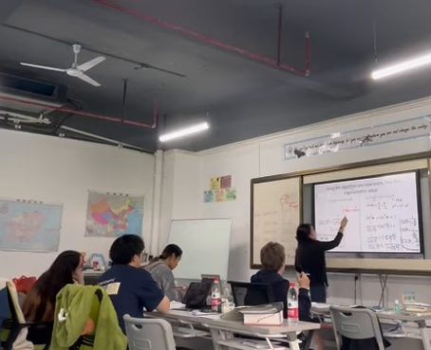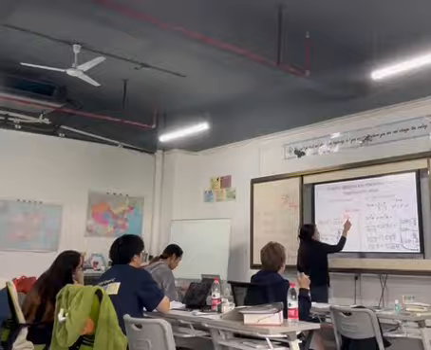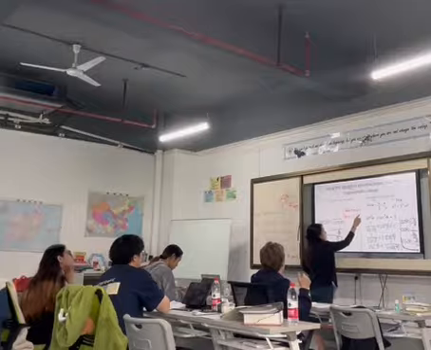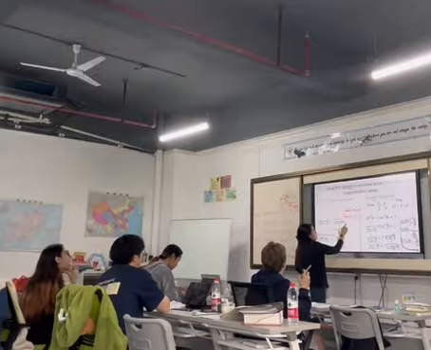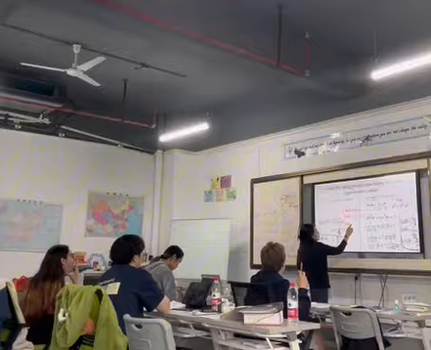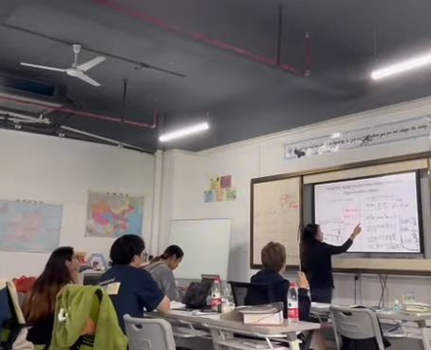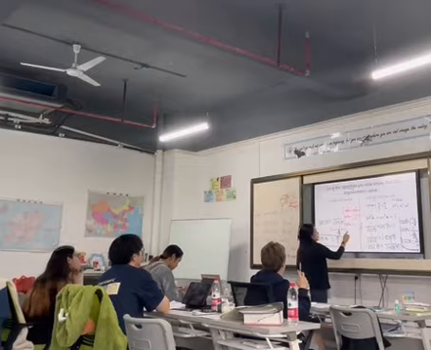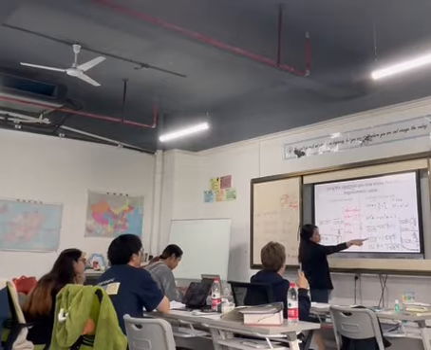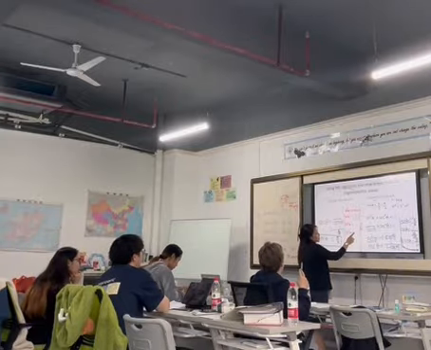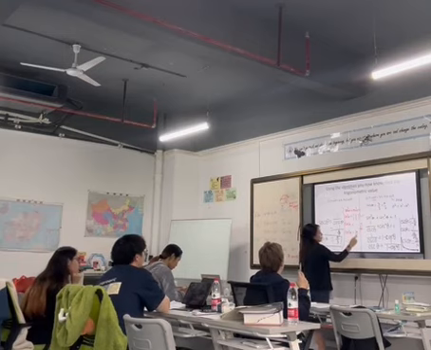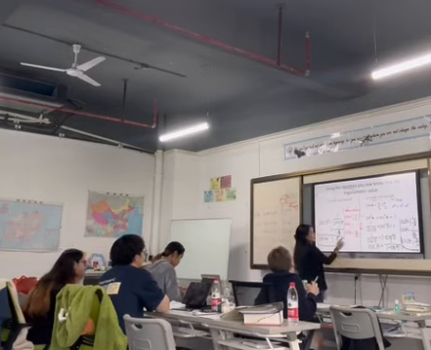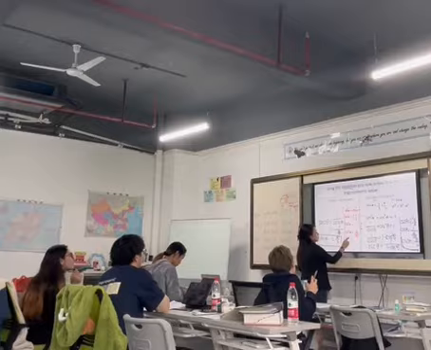So sine squared theta plus cosine, which is 3 over 5, squared is equal to 1. 1 minus 9 over 25, so sine squared is 16 over 25.